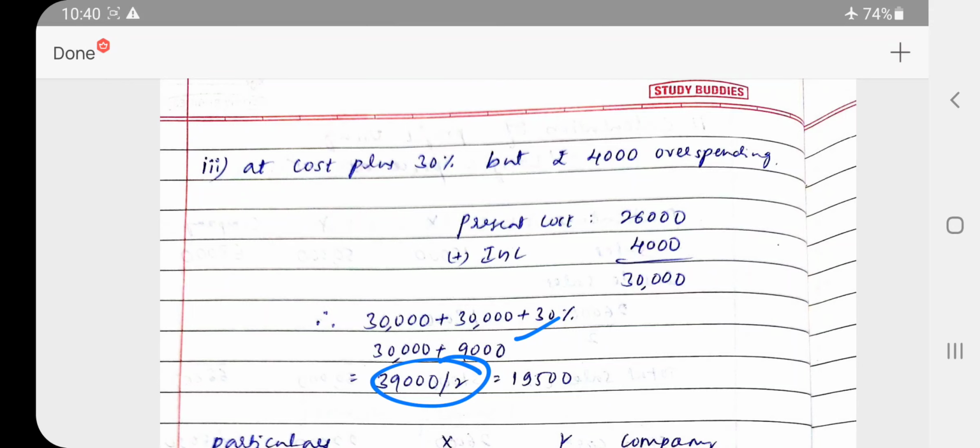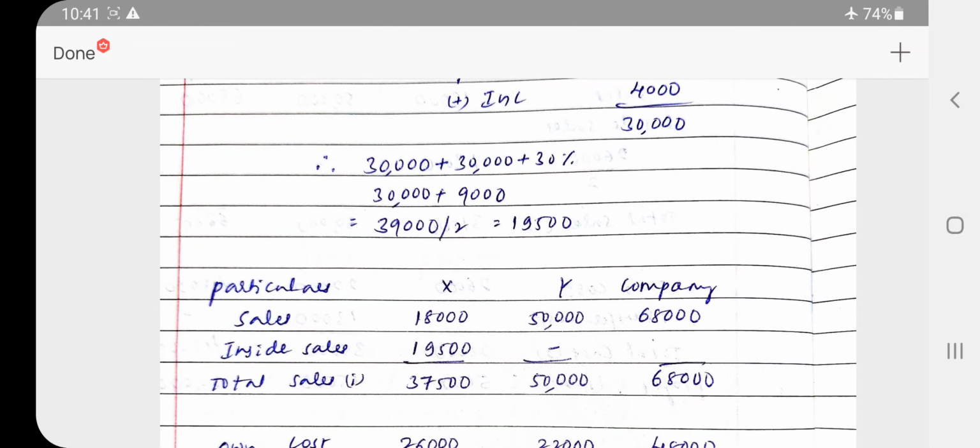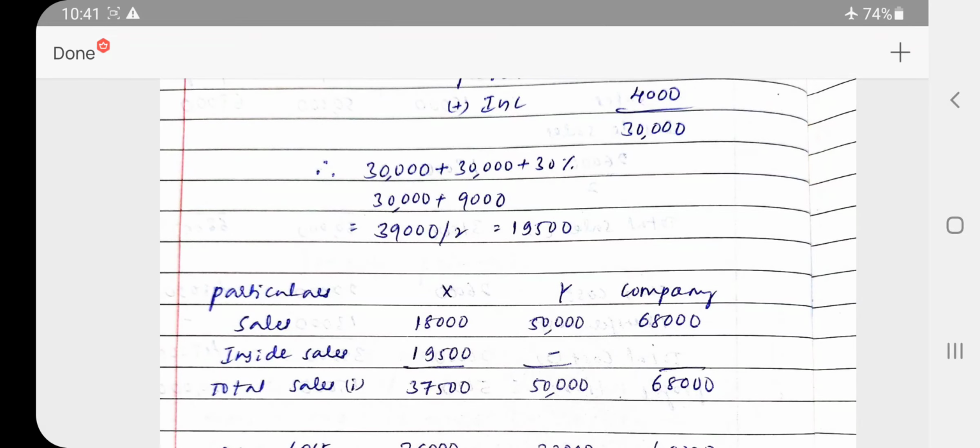That will be the inside sales, plus the transfer cost you can take as 19,500 for Y division. If you have done that much correctly, you will get the profit of the different divisions correctly. Yes, here sales as given in the problem, 18, 50,000, 68,000. Inside sales, Y inside sales 19,500, the total 39,000.